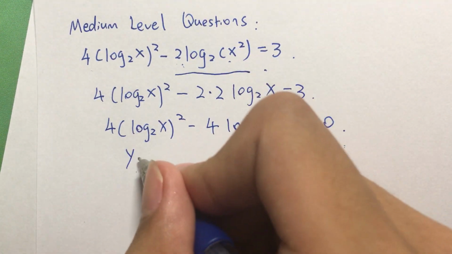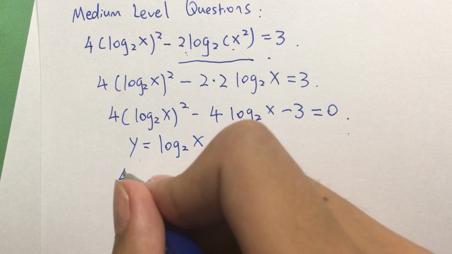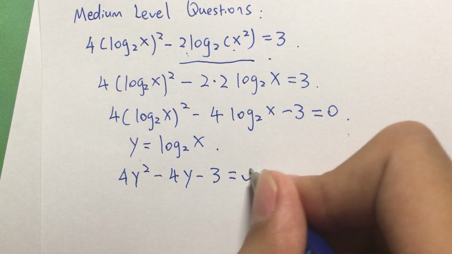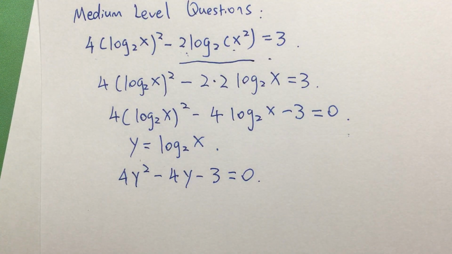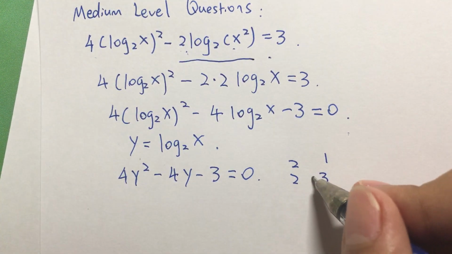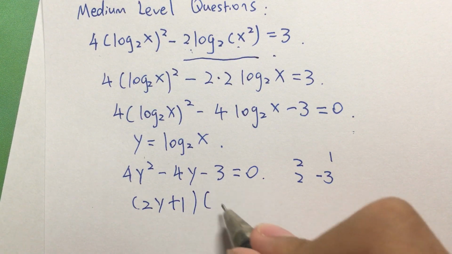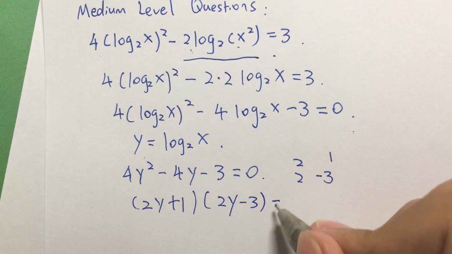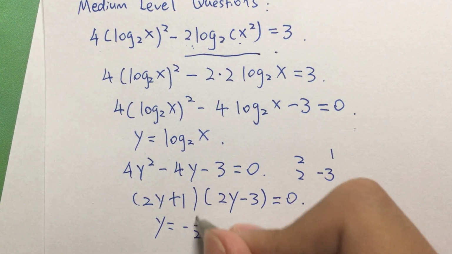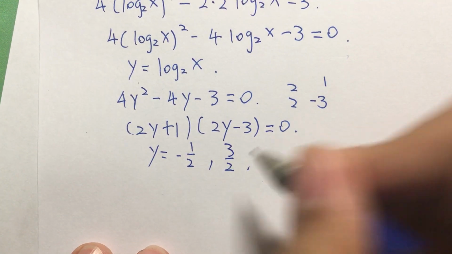Let's just write y equals log_2 x, and this becomes 4y squared minus 4y minus 3 equals 0. For that, we can solve it by cross multiplying: (2y plus 1)(2y minus 3) equals 0. And you can get y equals negative a half and 3 over 2.